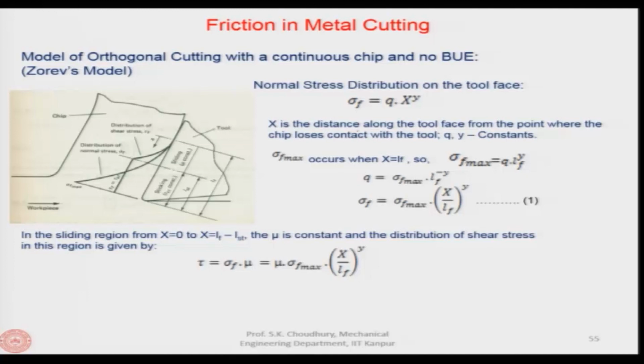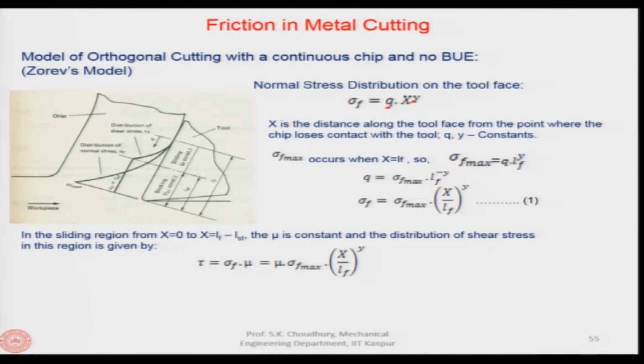Now, x is the distance, as I said, along the tool face from the point where the chip loses contact with the tool, and q and y are constants. Now, sigma f, that is the normal stress, will be maximum, as we said, when the x value is equal to LF.